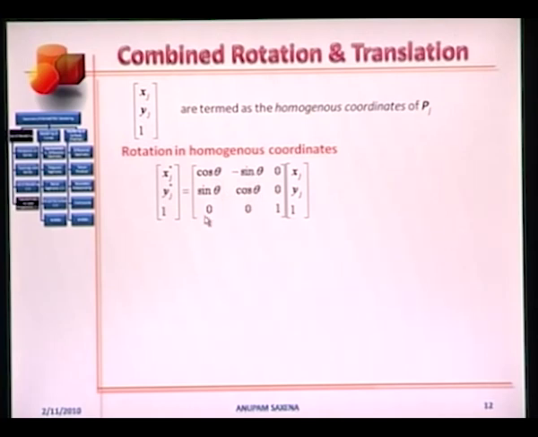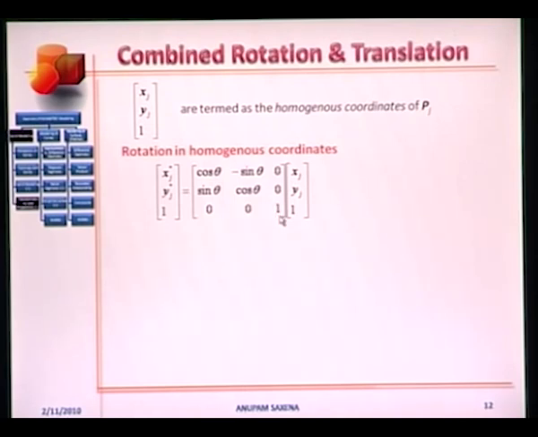Now we have a third row and a third column. All the entries in the third row except for the last one are 0, and all the entries in the third column, again except for the last one, are 0.